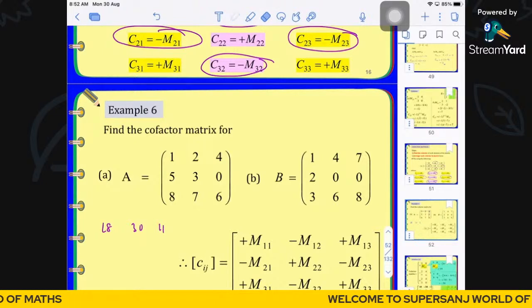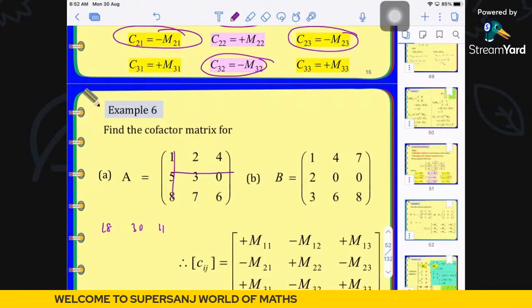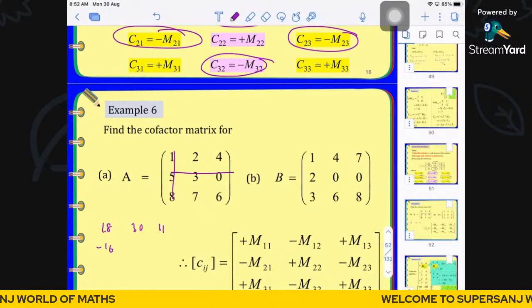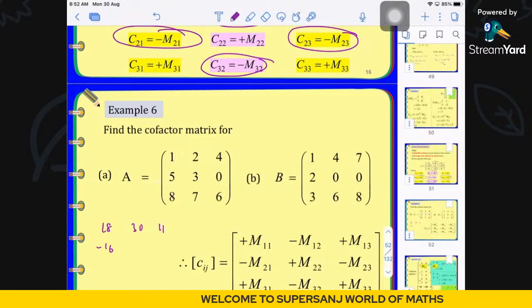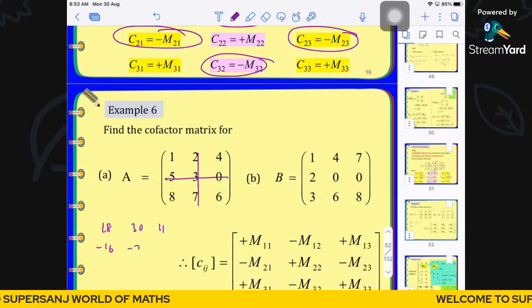And then after that, you cancel off this thing here. So the next one is 2 times 6, 12, 12 minus 28, negative 16. And then the next one is for the 3: 6 minus 32, negative 26.